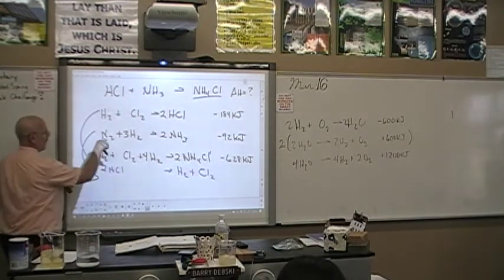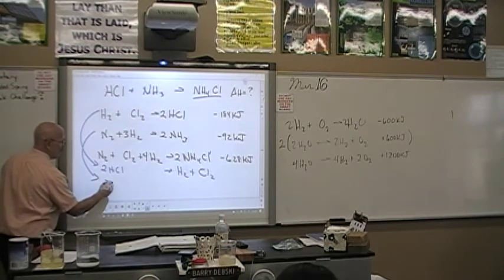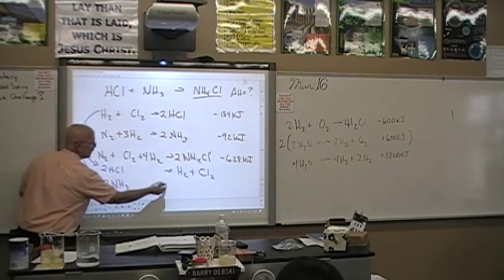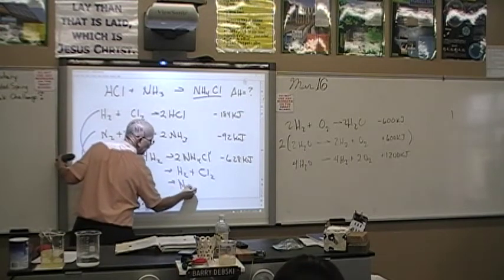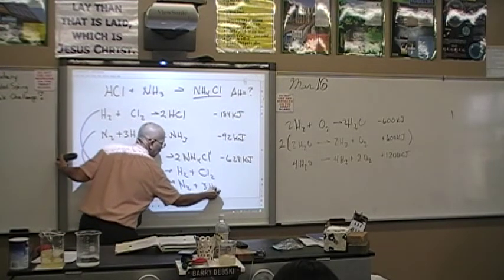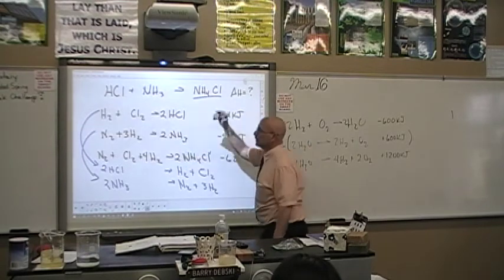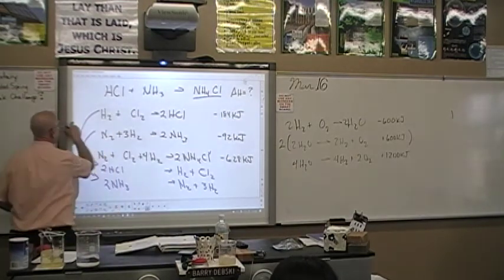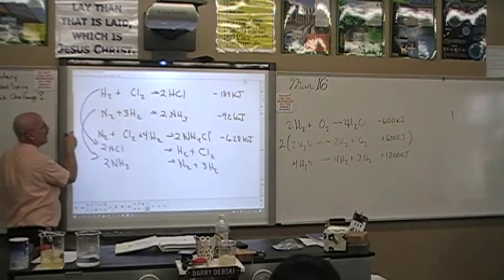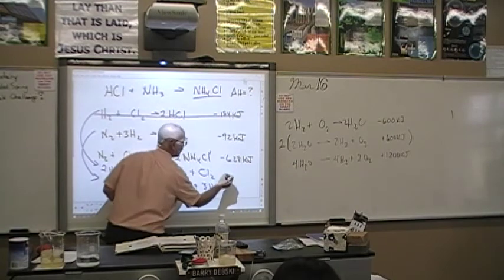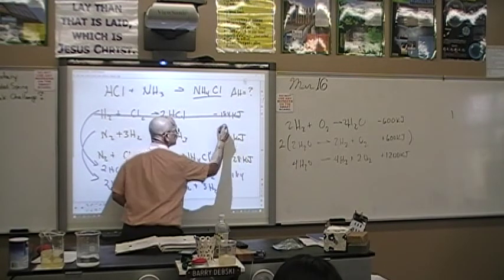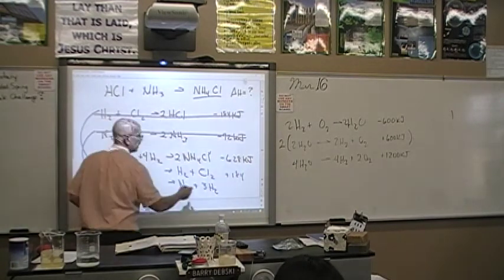And the second one, 2 ammonias decompose to form nitrogen plus 3 hydrogens. I moved my scroll bar accidentally. Okay, what else do we need to do? That's going to change the delta H to positive 184, and that one to positive 92.